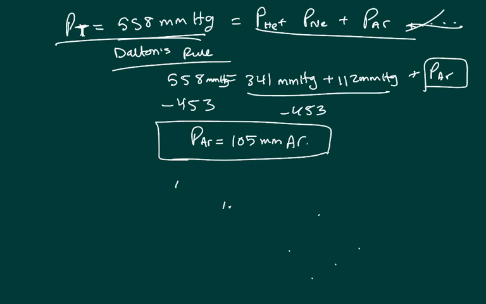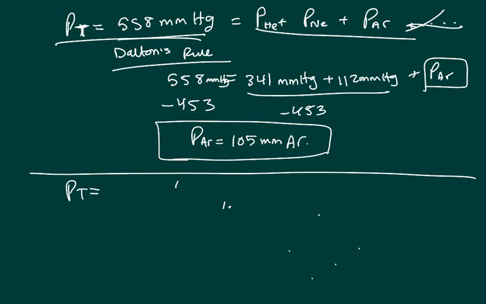Now you go ahead and you give this a try. A sample of hydrogen gas is mixed with water vapor. The mixture has a total pressure of 745 torr, which is really the same thing as millimeters of mercury, right? So we have 745 torr, and we have the partial pressure of water and the partial pressure of H2, the hydrogen gas.